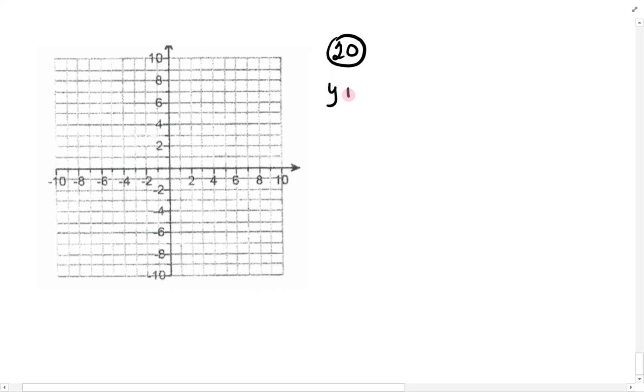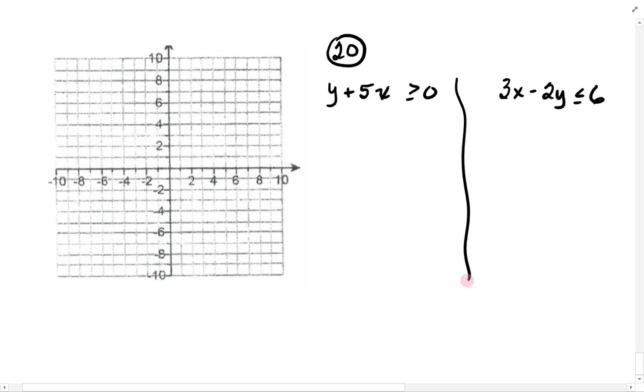All right, so I have y plus 5x is greater than or equal to 0, and I have 3x minus 2y is less than or equal to 6. Slope-intercept. Going to subtract 5x, y is greater than or equal to negative 5x.